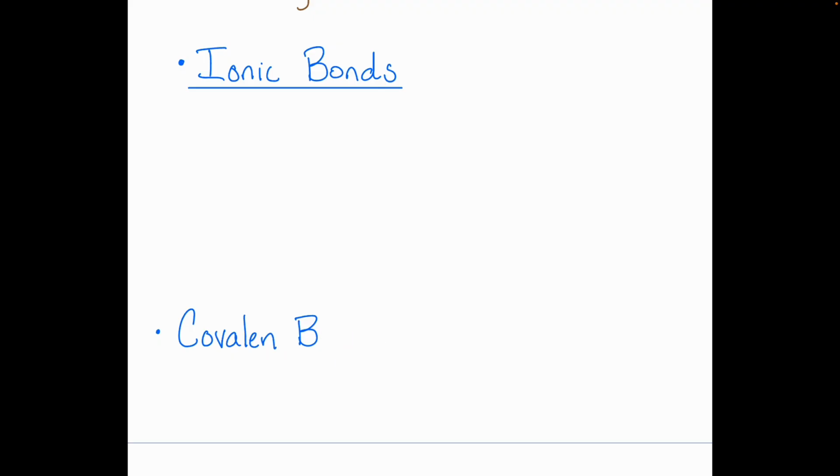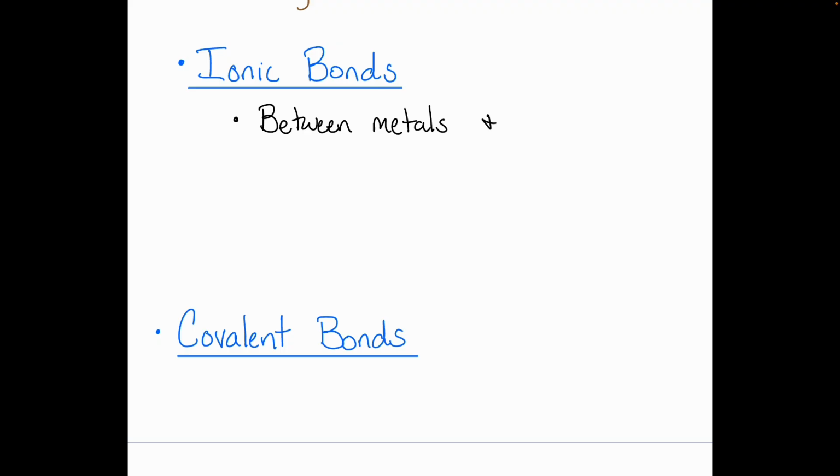Now, our ionic bonds are going to be between metals and nonmetals. One of our atoms is a metal, the other atom is a nonmetal, and they're going to form an ionic bond with one another.